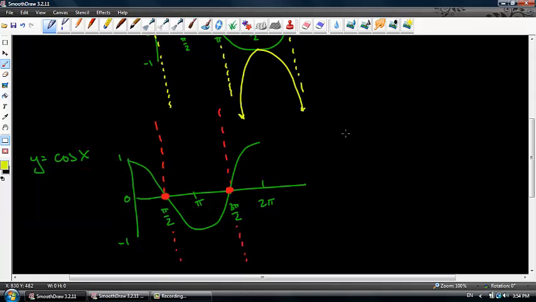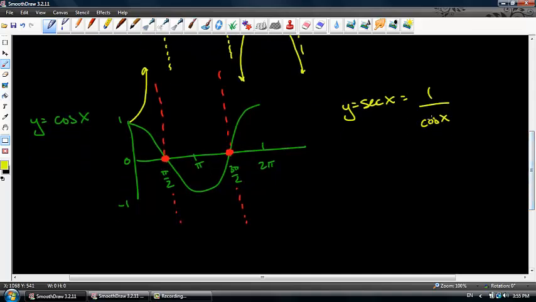If we are going to graph y equals secant of x, remember, secant is really 1 over cosine of x. So everything is just upside down at this point. So from 0 to pi over 2 in cosine, we arced down. From 0 to pi over 2 in secant, we're going to arc up. From pi over 2 to 3 pi over 2, we have this almost parabolic motion, this u.